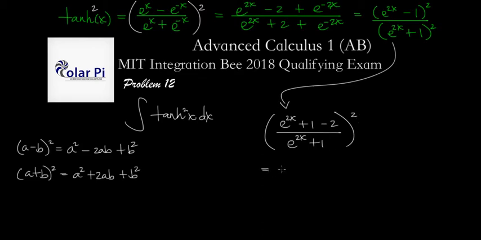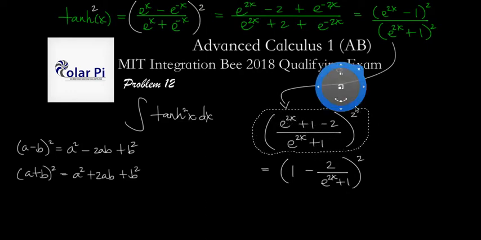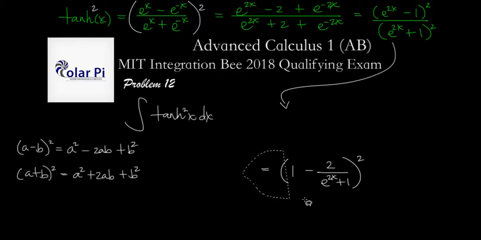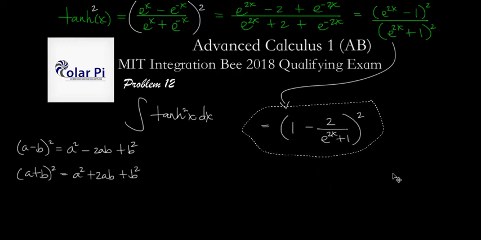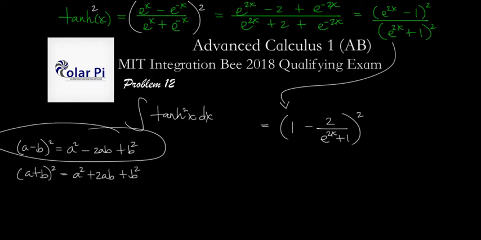Well, that'll mean I have 1, right? I have 1 minus 2 divided by e to the 2x plus 1, all squared, right? Okay, cool. So now using the binomial square one more time, which is like this formula there.